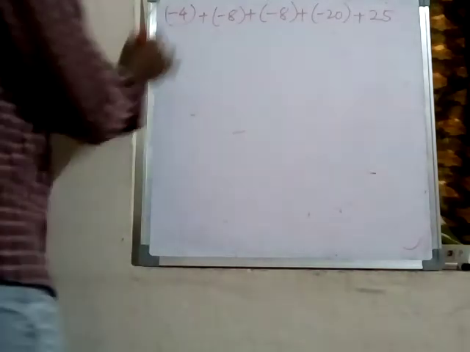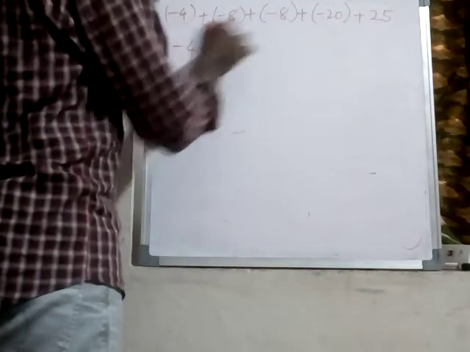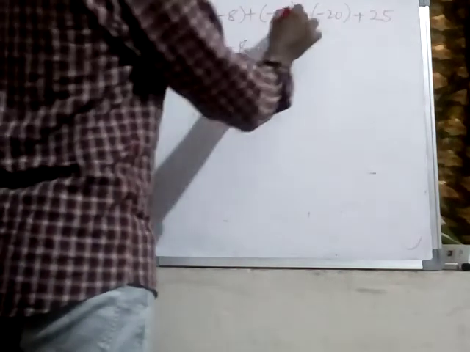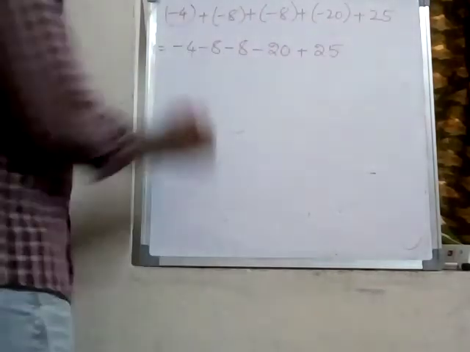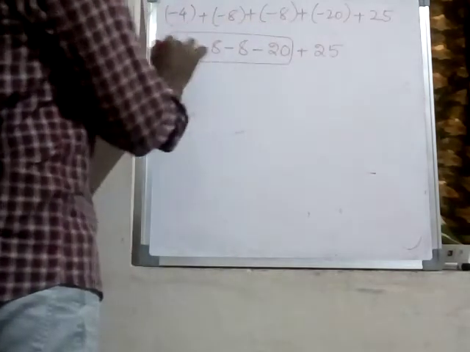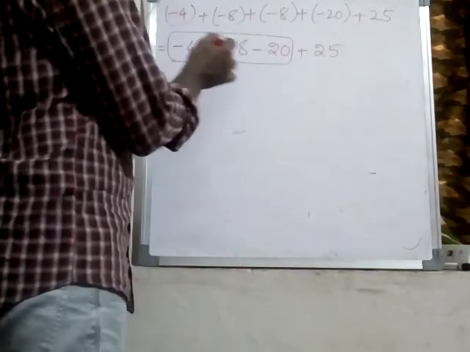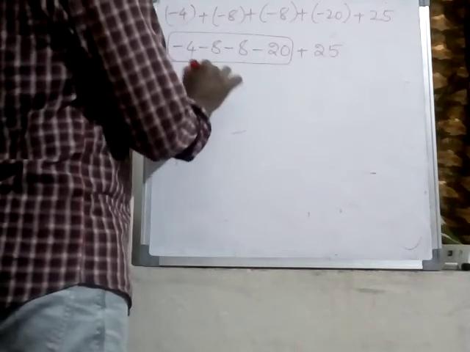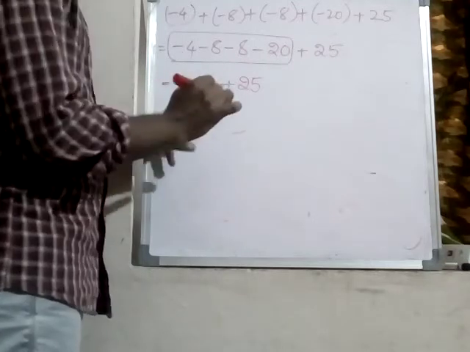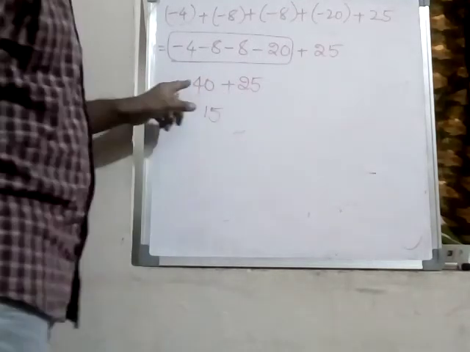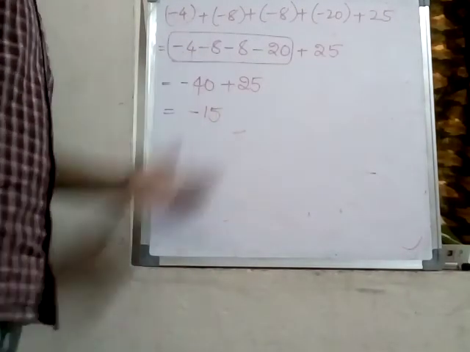Given like this: minus 4 is there, plus into minus, minus 8, plus into minus, minus 8, plus into minus, minus 20, plus 25. Here the first 4 terms are all negative terms. Add them: 28, 36, 40, minus 40 plus 25. One is negative, one is positive, so we do subtraction. The difference is 15, and the bigger number has the negative sign, so keep negative. Given like this, model problems, you have to do like this.